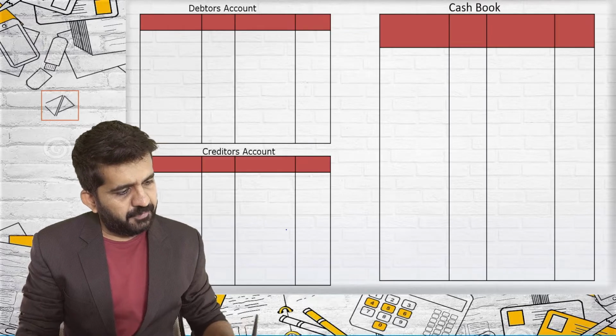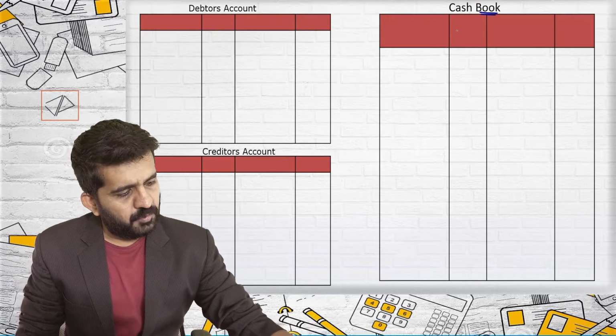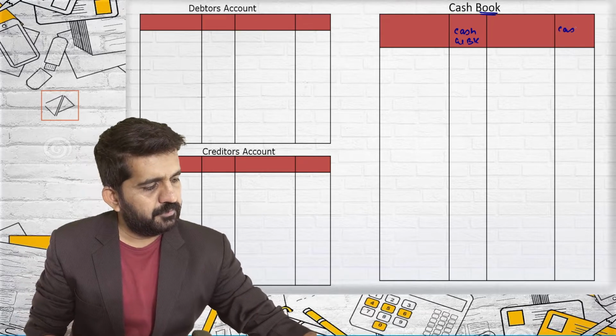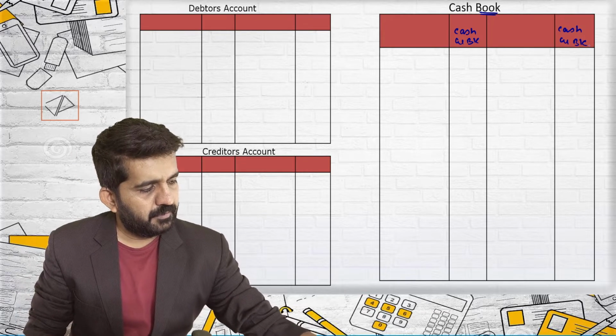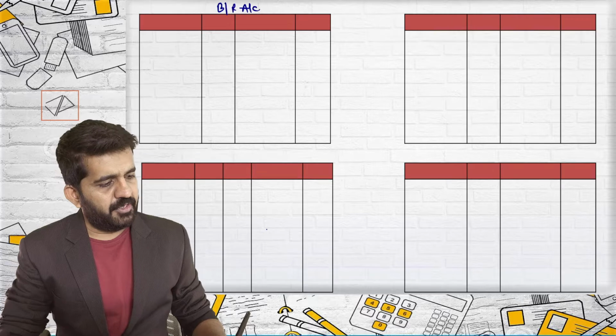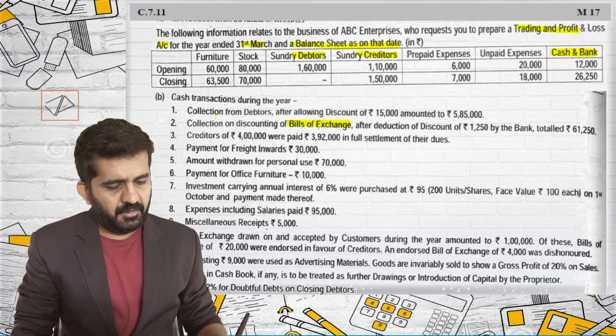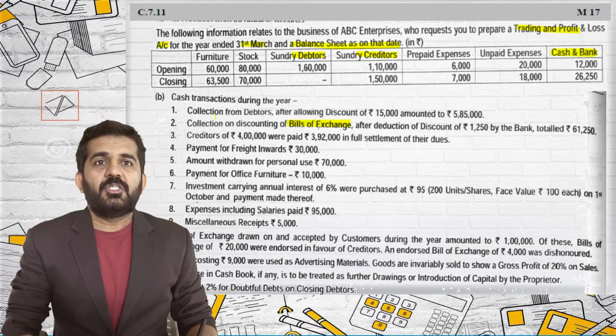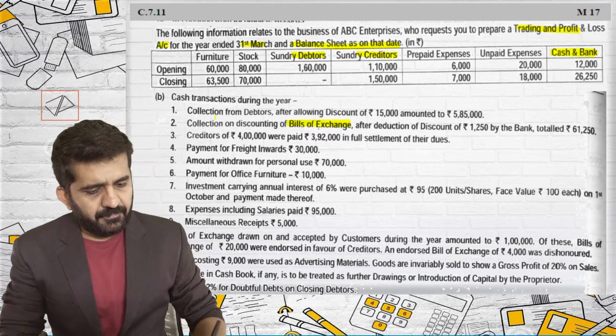Cash and bank is already prepared over here. A cash book, this will have cash and bank columns both. Debtors, creditors I have already prepared. Bills receivable. With this many accounts, we can easily solve the question. So the question will become somewhat easy.